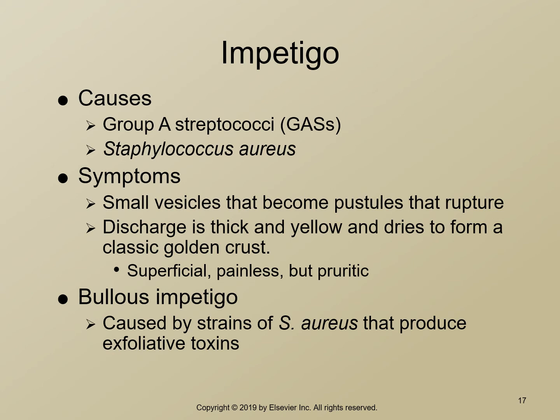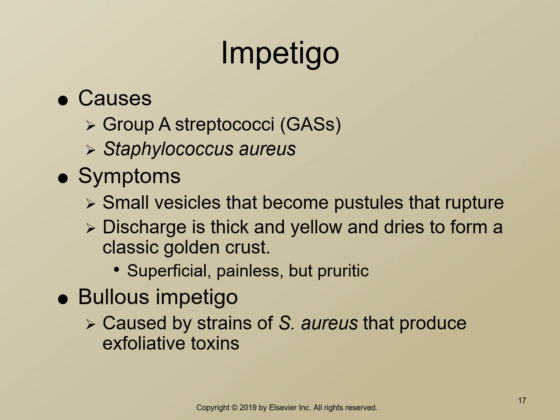Initially, the lesions of impetigo begin as small vesicles that become pustules that rupture. The discharge is thick and yellow and then dries to form a classic golden crust. The lesions are superficial and painless and do not scar. They can be itchy and easily spread by scratching.